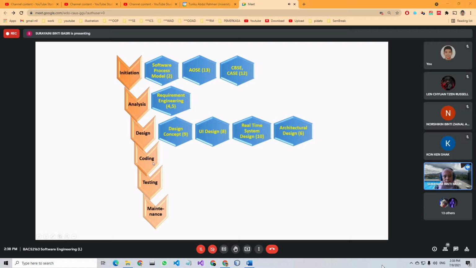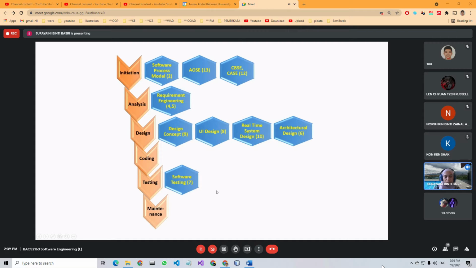The fourth stage in SDLC is doing the coding, which we will not cover because, like I said previously, coding is a huge topic and it will be covered by a lot of courses, some of which you already learned and some you will learn later. After that, we already learned about software testing.